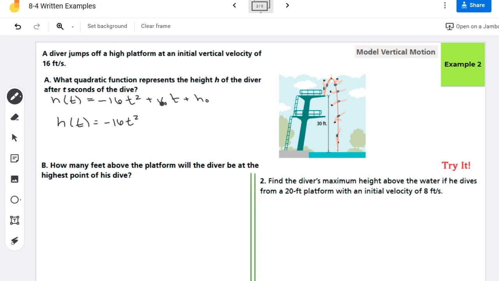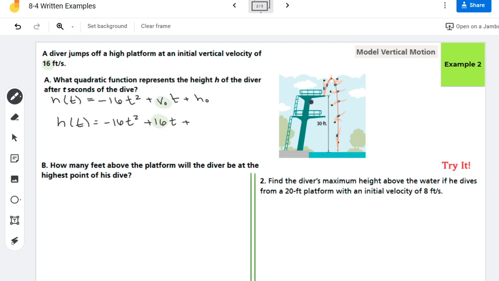So the v naught, the initial velocity, they give us as 16 feet per second. So I'm going to go ahead and plug in a 16 where the v naught is. For clarity's sake, I'm going to highlight those. And then I add to it my h naught, which is my initial height.